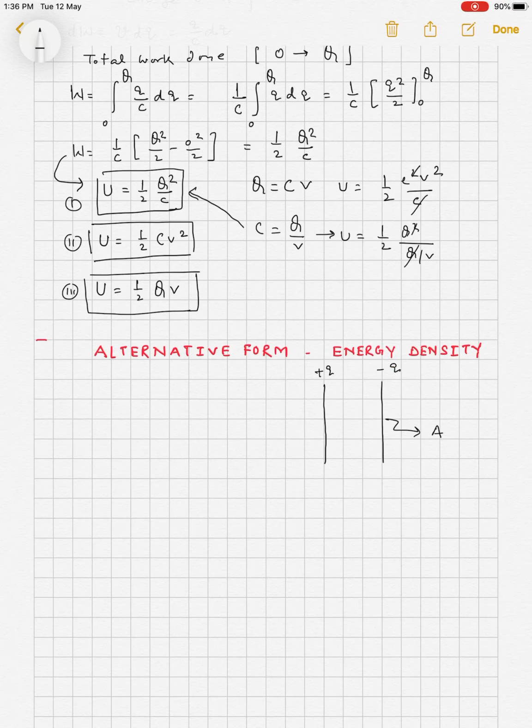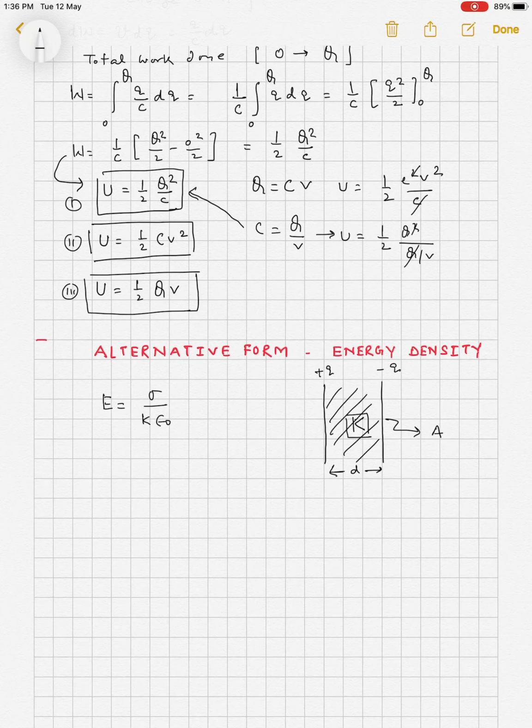Area of the plate is A and the separation between them is d, and the whole space between the plates is filled with a dielectric of dielectric constant K. So the electric field between the plates is equal to sigma upon K epsilon naught.